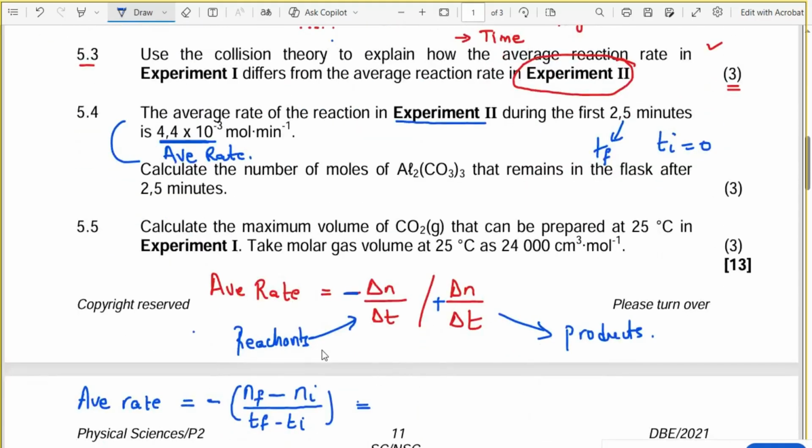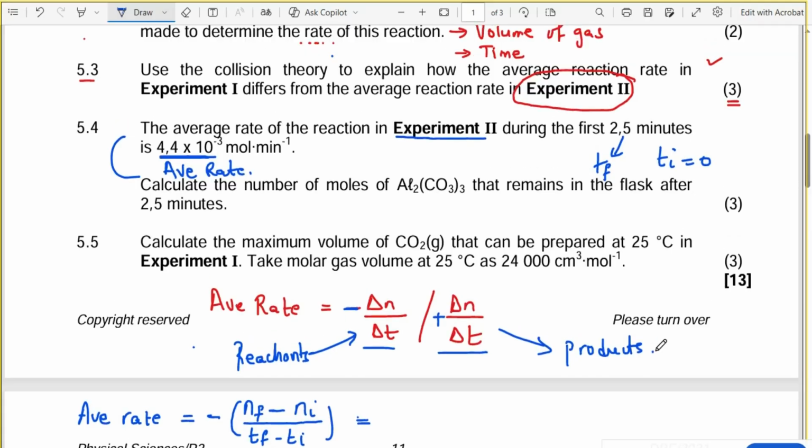We said that if we are using the reactants, we use minus, and for the product, positive. There's another way that we can solve this using one of the products. But now we'll get an answer that is different to that one, but it's still correct. It depends on what you use as your reference.